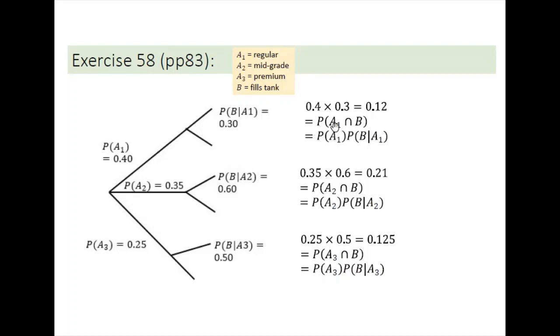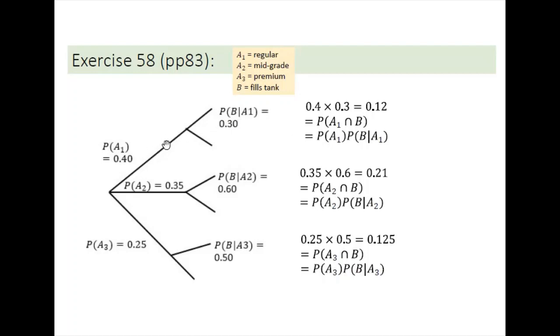So the probability of using regular gas and filling the tank is the probability of using regular gas multiplied by the probability of filling tanks, given that using regular gas.